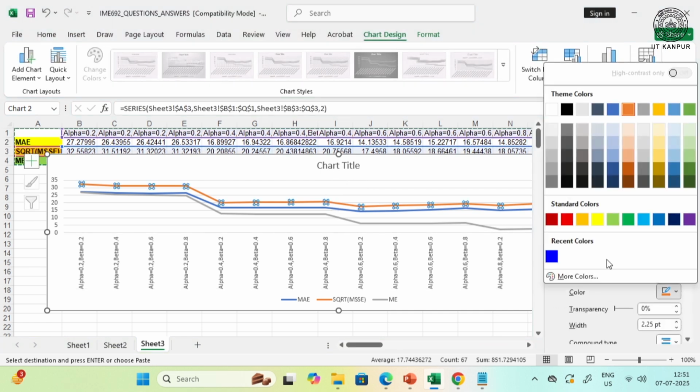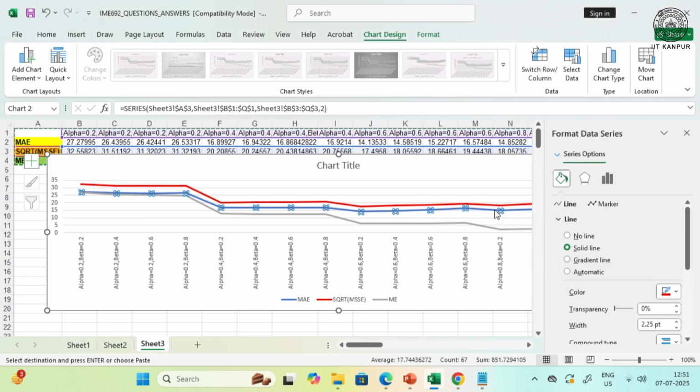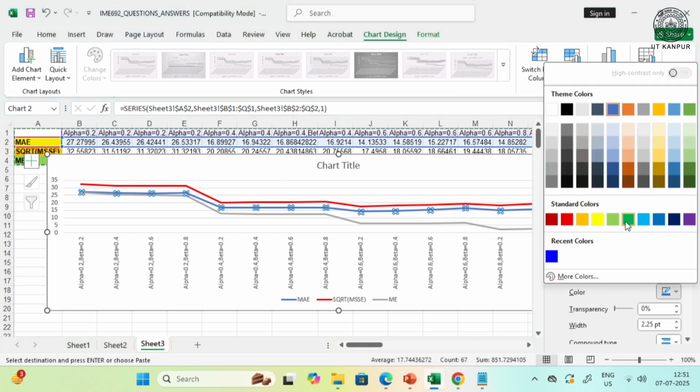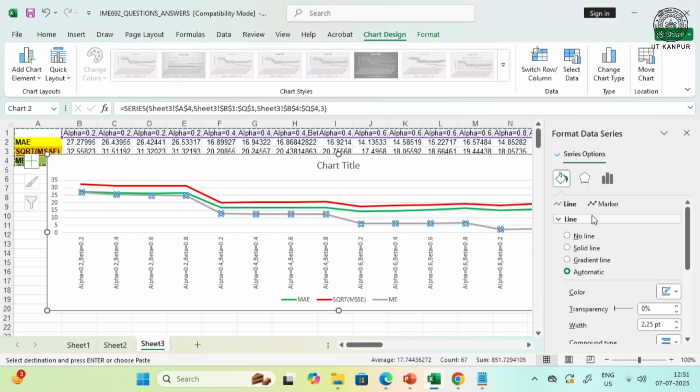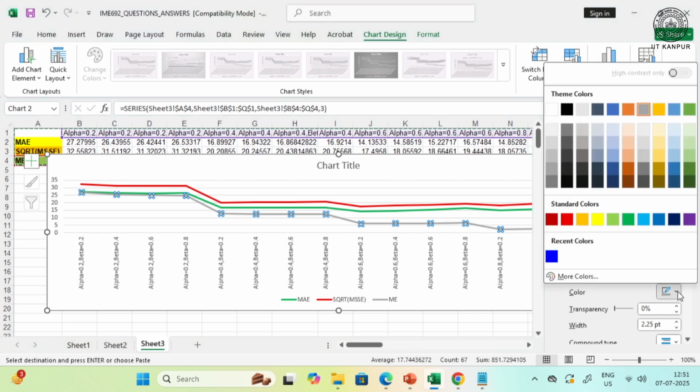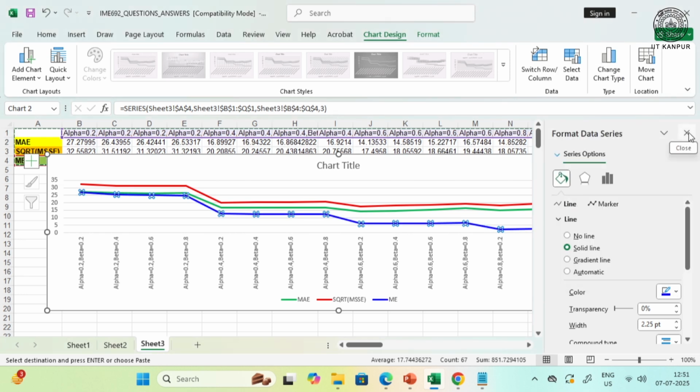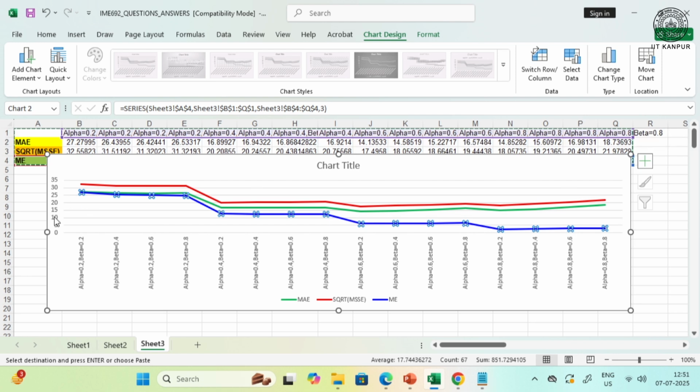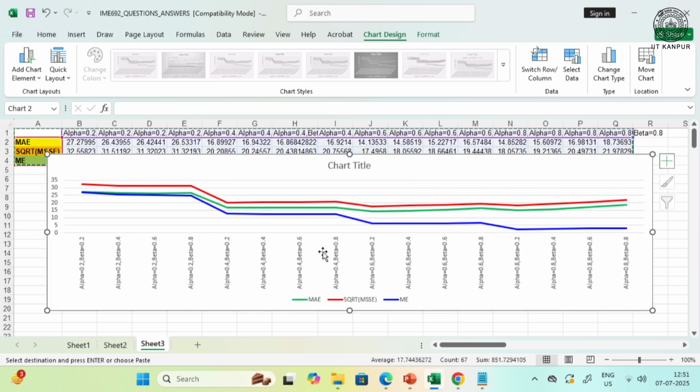There are specific colors, red, green and dark blue, used, and along the x axis you have the different combinations of alpha and beta, starting from alpha 0.2, beta 0.2 to the last value of alpha 0.8, beta 0.8. See how these values change.